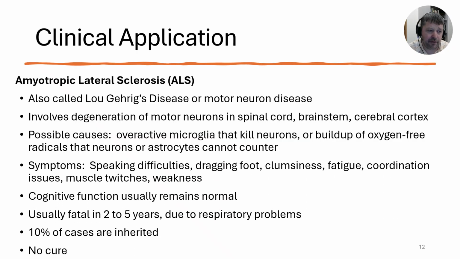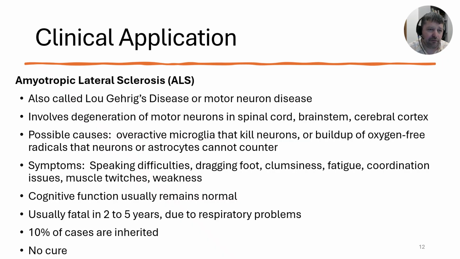Early symptoms would be difficulties in speech, inability to move regions of the body, clumsiness, fatigue. So the coordination, the cerebellum and the medulla oblongata is starting to fail, and the coordination of muscles isn't working.